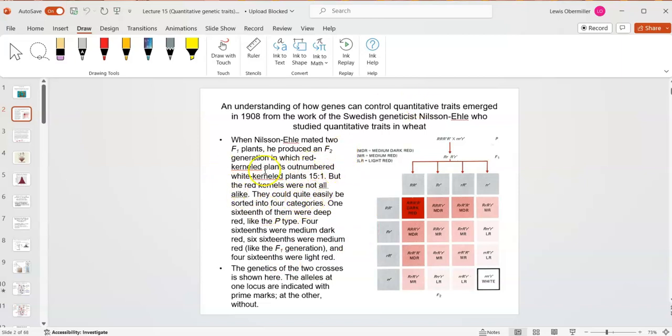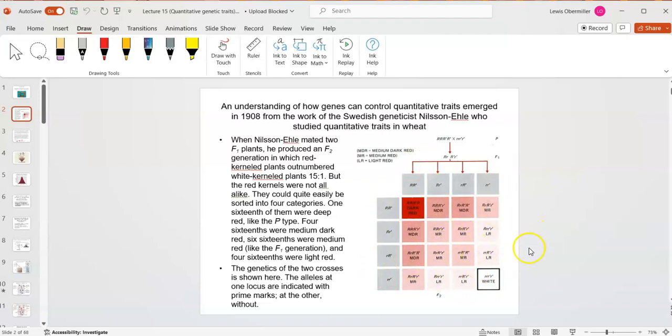The kernels could be red or white, and they crossed these individuals and found a whole range of variation of color. Instead of getting a 9 to 3 to 3 to 1 ratio, they got a 1 to 4 to 6 to 4 to 1 ratio, and that's because multiple genes are involved in this process.